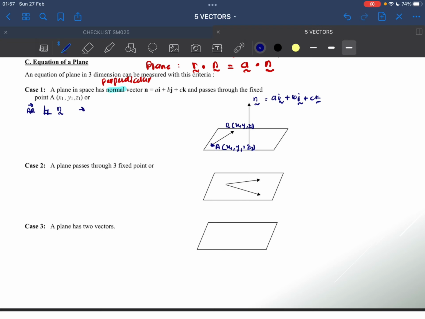Since remember the dot product, we know that if a is perpendicular to b, that means a dot b is equals to 0. So now we know that this vector is perpendicular to this vector, so we have AR dot n is equals to 0. Your AR is actually OR minus OA, dot with the normal is equals to 0. So now let's rearrange this.